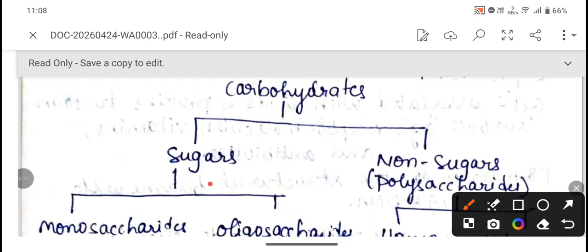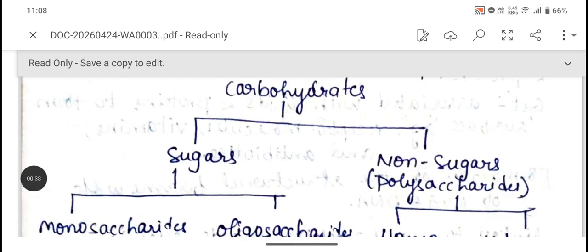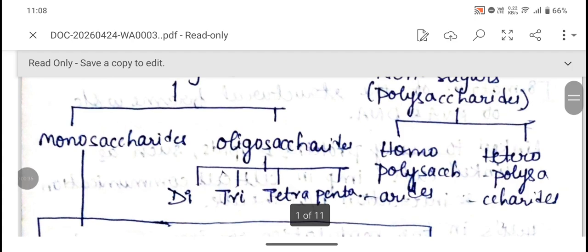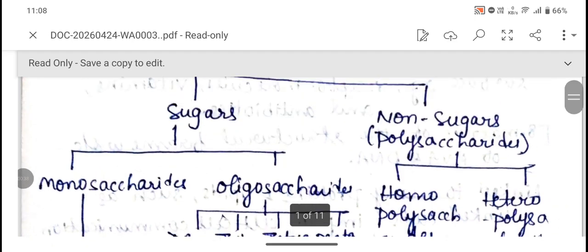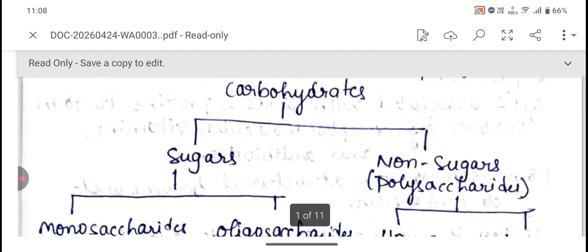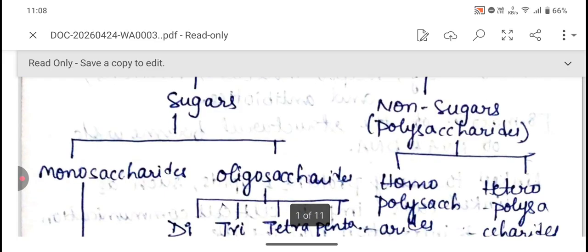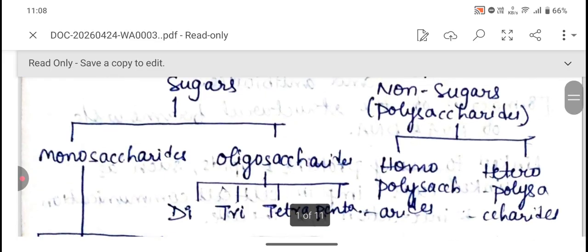These sugars can be further classified into monosaccharides and oligosaccharides, and the non-sugars come under polysaccharides, and these polysaccharides are classified into homopolysaccharides and heteropolysaccharides.